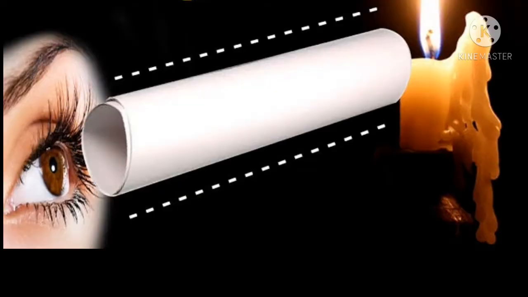Now, let's perform an activity to show that light travels in straight lines. For doing that experiment, the items used are a sheet of opaque paper rolled into a pipe and a lit candle. You look at the candle flame through the pipe. Keep a safe distance between the pipe and the flame.